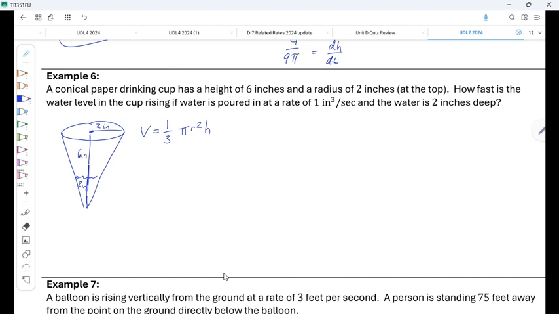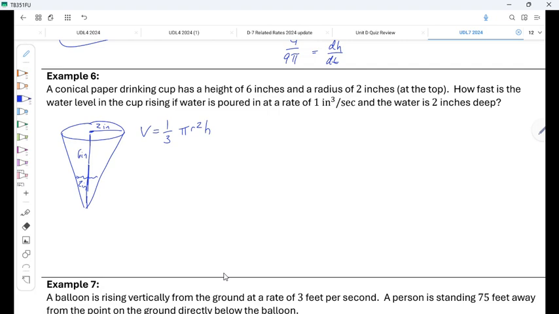If you had a cone and a cylinder of the same dimensions, same radius at the top and same height, you could fill the cone up 3 times and it would fill the cylinder. Probably has something to do with the derivative somewhere, but off the top of my head, I don't know it.